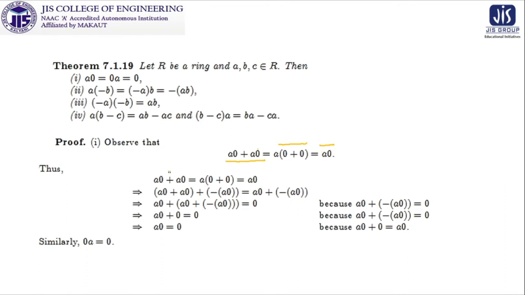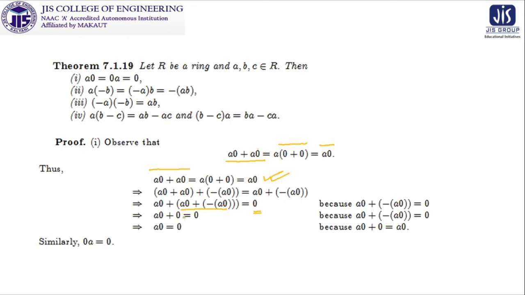But look at how we are doing it. A0 plus A0 is equal to A0, as already discussed. Now it implies A0 plus minus of A0, that means minus of A0 is added from the right hand side of this equation and it gives you 0. From the associative property, I can change the bracket here, so this is considered first and it gives you 0.